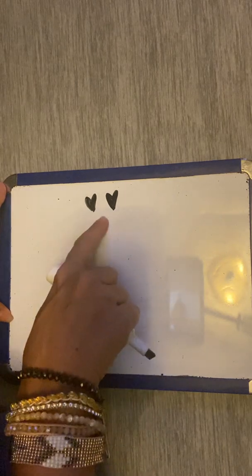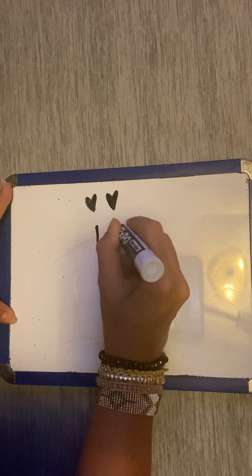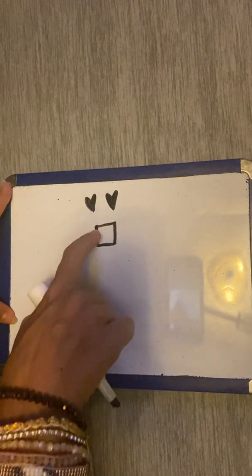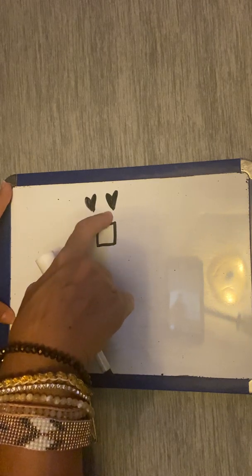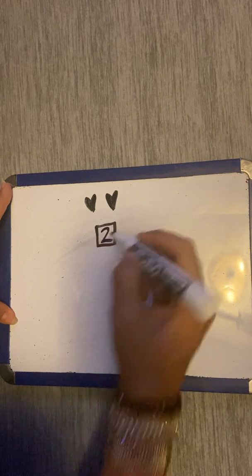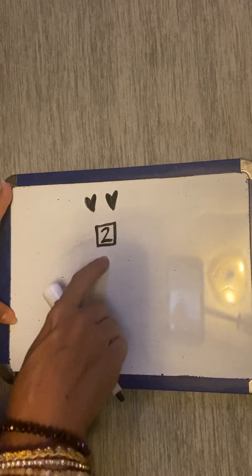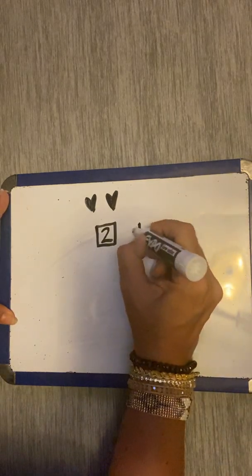Okay, so you're going to see a picture, and then underneath it, you're going to have a box, and you're going to write the number that represents the set. So how many hearts do you see? 2. So in your box, you're going to write the number that represents the set. Okay? And you're going to be adding.